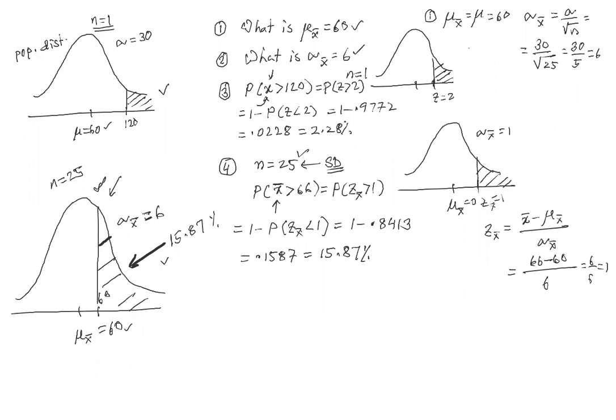Okay, so the probability that the average of 25 people is more than 66 minutes is about 15.87, or roughly 16%, you can say. And that is what it is.